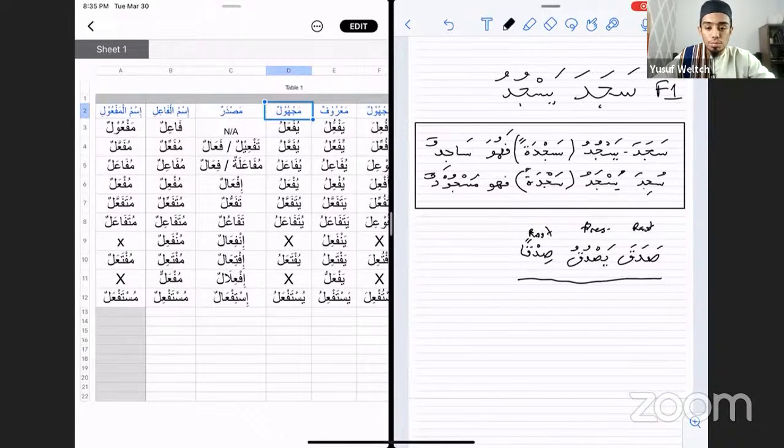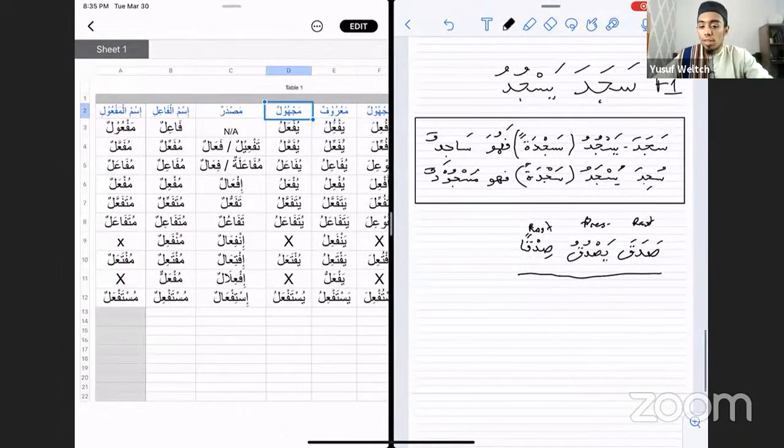Good. صدقا فهو مصدوق. Good. صدق يصدق صدقا فهو صادق وصدق يصدق صدقا فهو مصدوق. Right, very good. So literally, if you spelled it out, it would mean he told the truth. He is telling the truth. So he is a truthful person. Right? It's a weird translation, but you have everything at your hands.